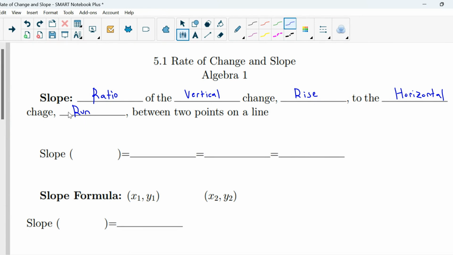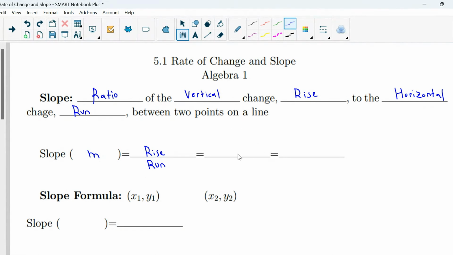Okay, so looking at slope and what it actually looks like, we represent slope with the variable m. Like our definition says, slope is the rise over the run. You almost always represent slope as a fraction.